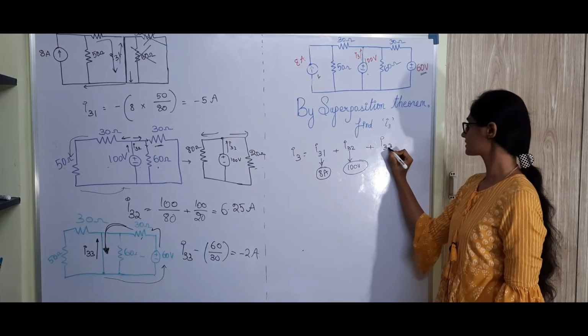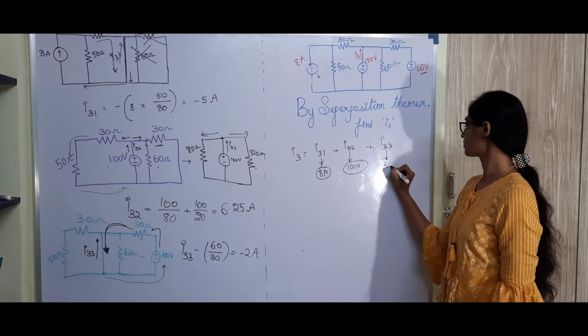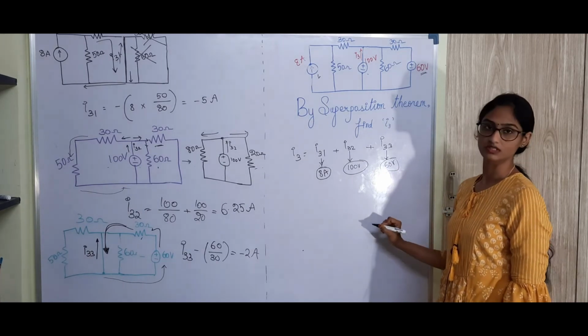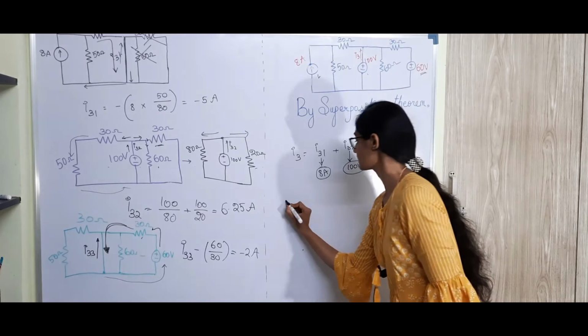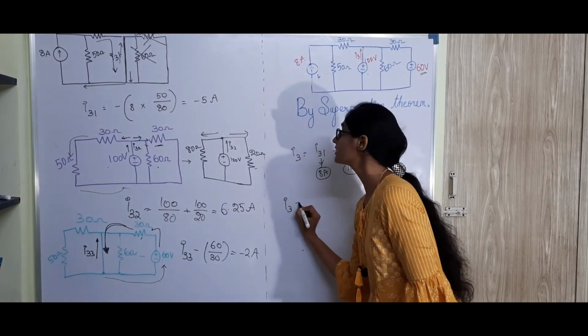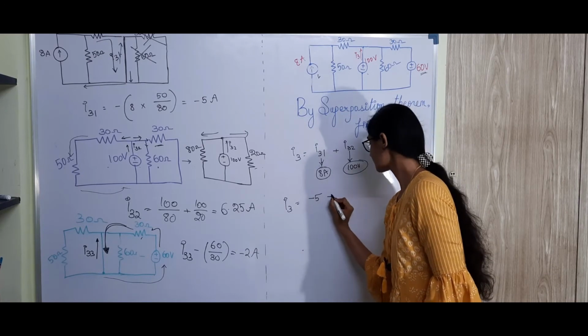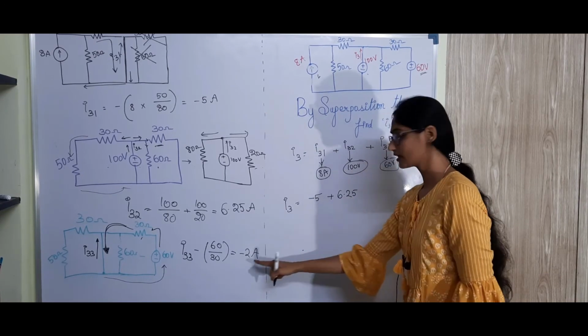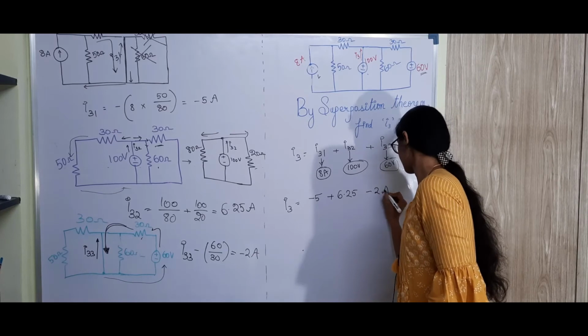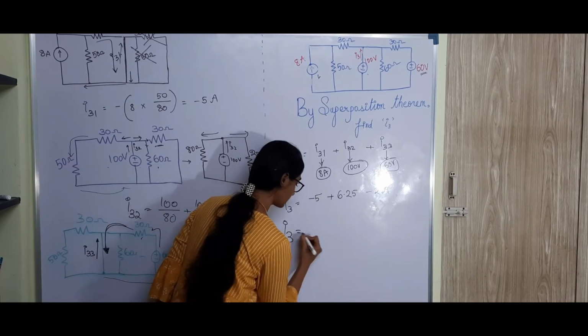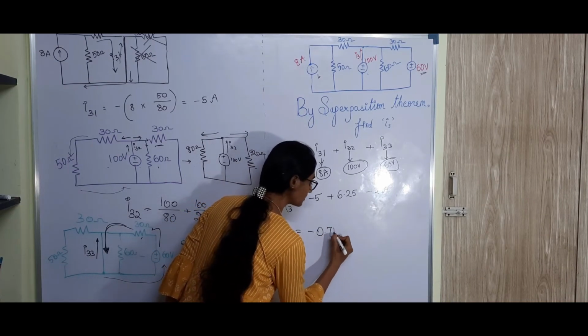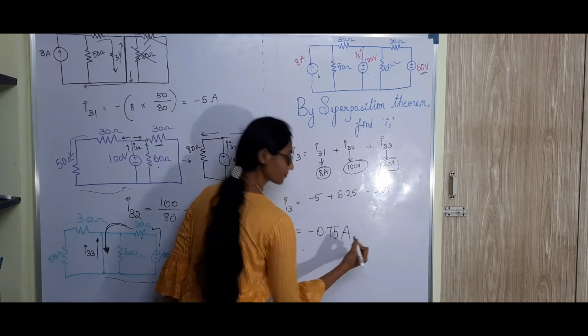And I33 is the current due to the 60 volt source. We have three sources here. Okay. And what is I3? I3 will be minus 5 ampere plus 6.25 minus 2 ampere. I3 will be minus 0.75 ampere.